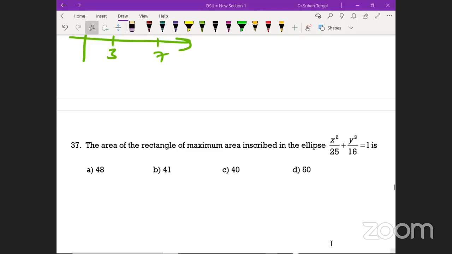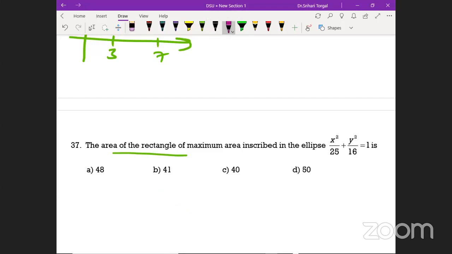The maximum area of the rectangle inscribed in an ellipse, they have asked. It is very easy, right? Pi AB. I think all of you know the formula for the area of an ellipse, but we have to find the area of a rectangle. If it is only the ellipse, then it is okay. But if it is a rectangle, then we have to concentrate here.